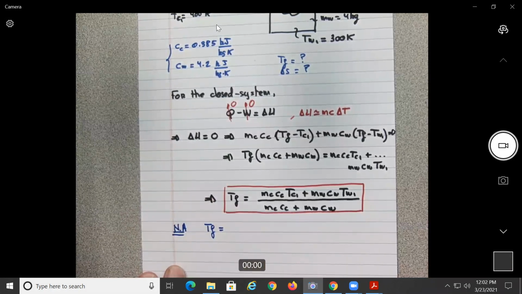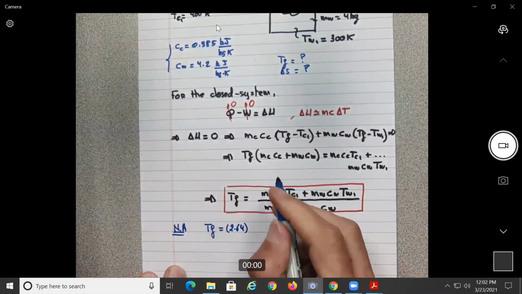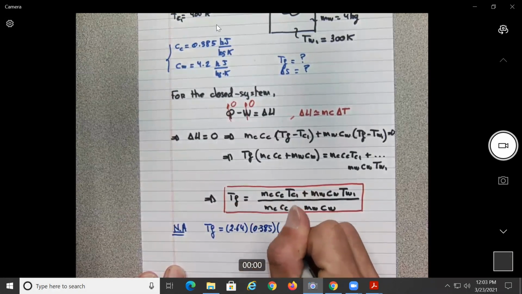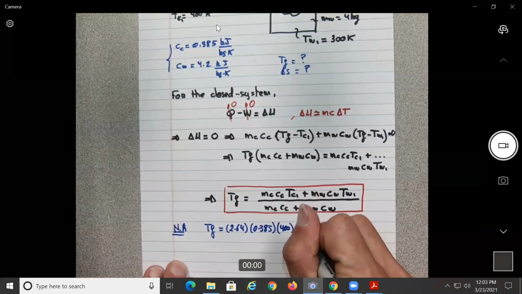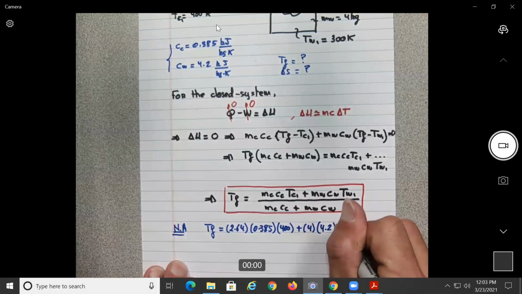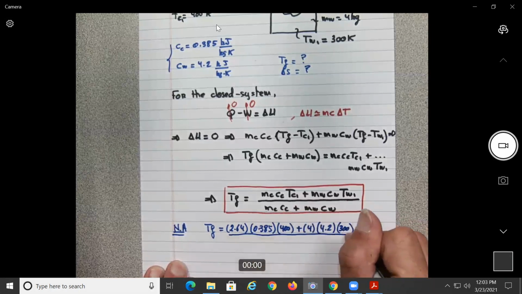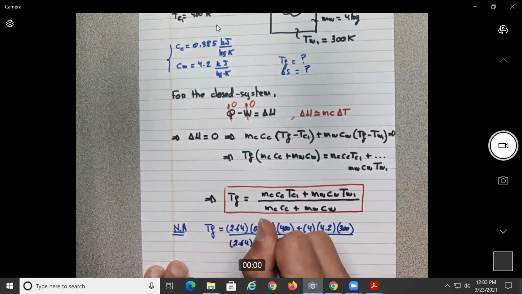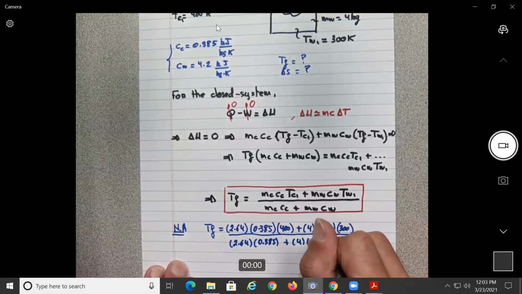Let's see, M sub C is 2.64 times C sub C 0.385 times T sub C1 400, plus 4 kilograms of water times 4.2 times 300, divided by 2.64 times 0.385 plus 4 times 4.2.